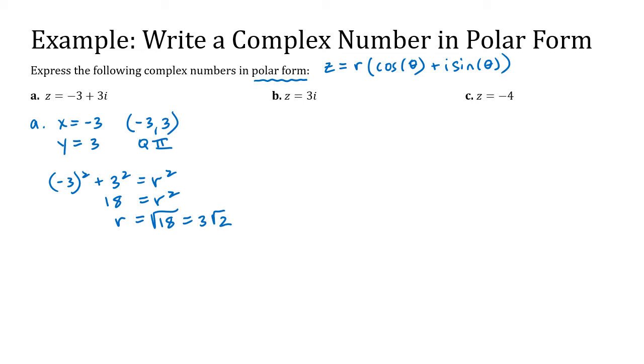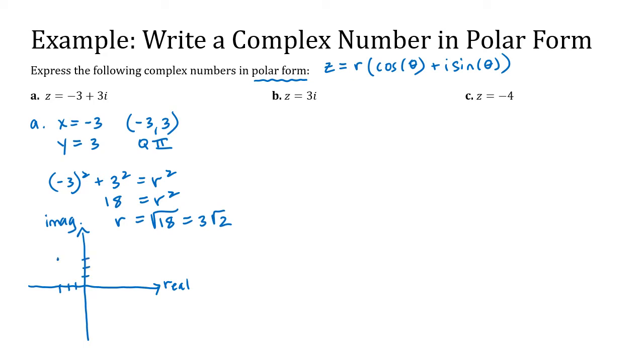So theta can be found by using tangent or sine or cosine. Or maybe even you just plot this point, z equals -3 plus 3i, on a real and an imaginary axis.